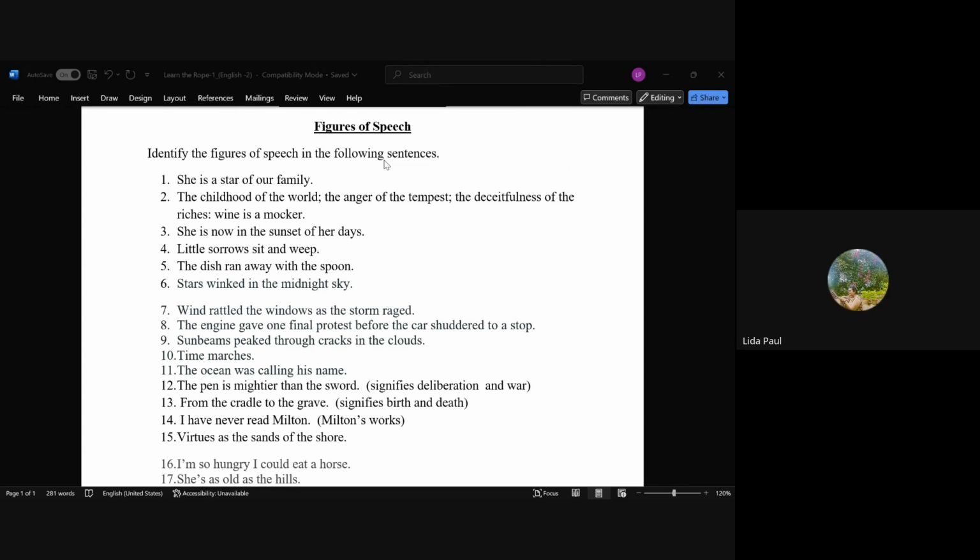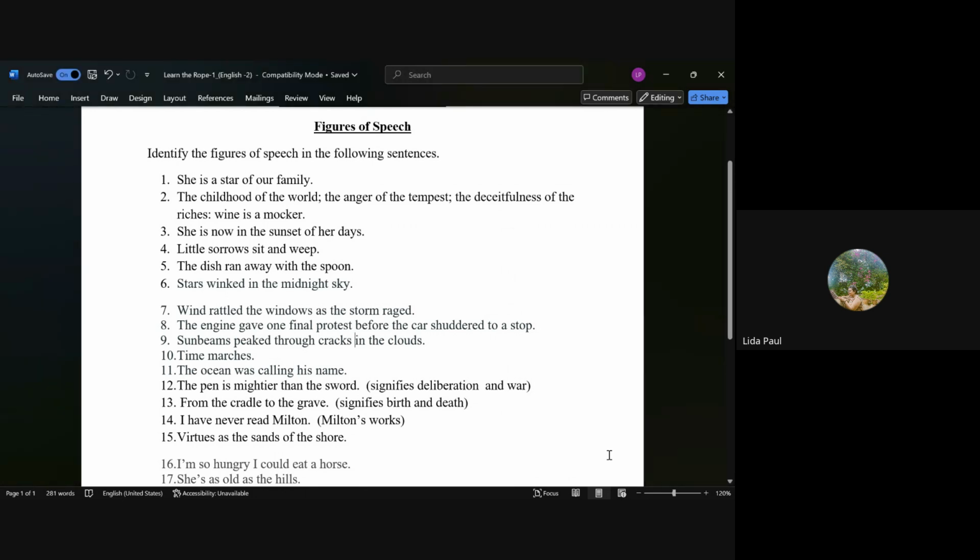So what is it in comparison with? Old age, right? Old age or approaching death. When you say sunset of her life, you mean that the person is nearing the fag end of their life, right? And yes, you're right. It's a metaphorical usage. There's a direct comparison between the last days of your life and the sunset. Okay, so correct. This one is a metaphor. And then the fourth one: little sorrows sit and weep.